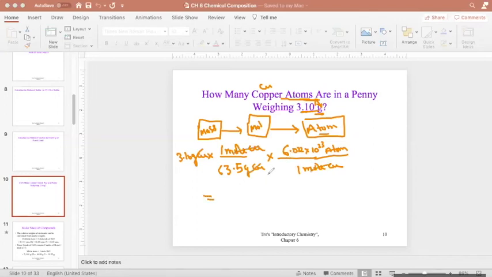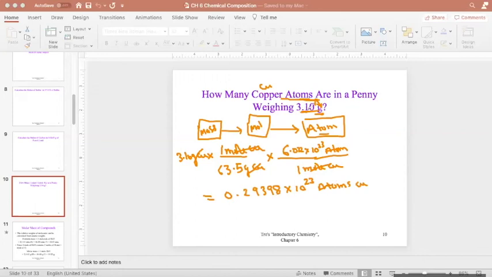And when you solve this, you're going to get around 0.29398 times 10 to the power 23 atoms of copper, right? And how many sig fig numbers do you need?